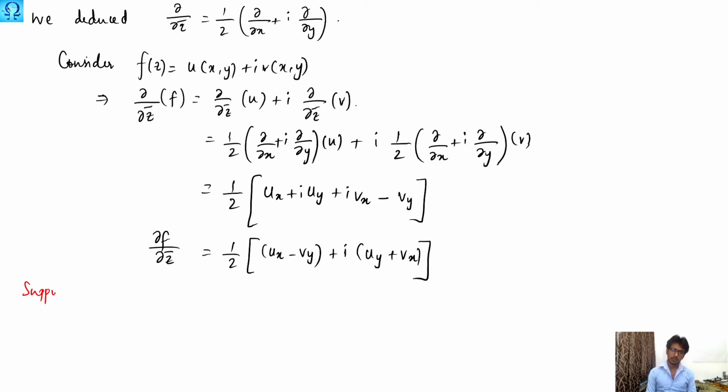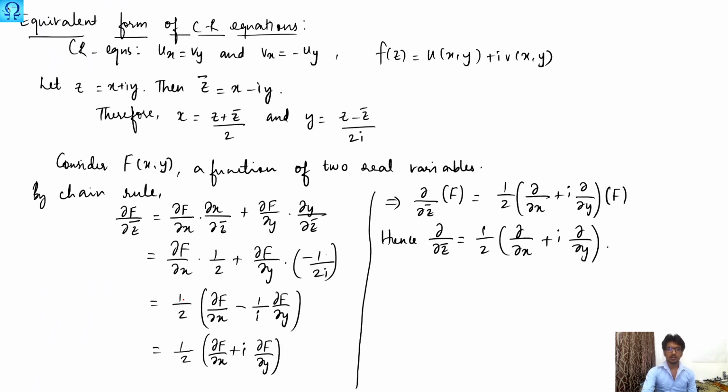Suppose CR equation is satisfied. Actually these are the CR equations we have just written down, and this is where the equivalent form deduction took place. So the CR equation is satisfied, this is our supposition.